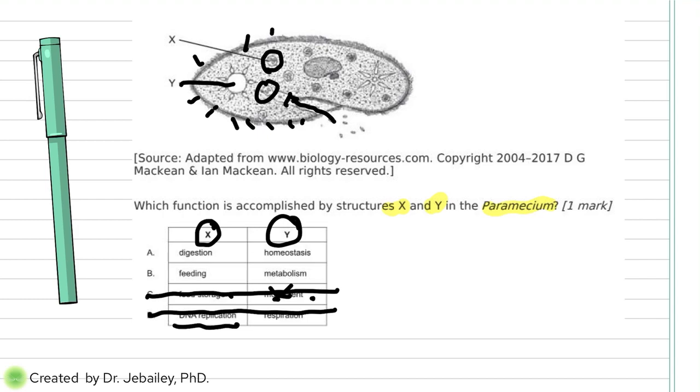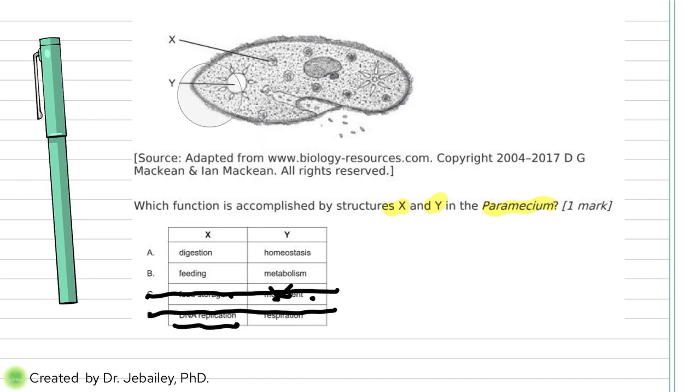Since we're left with A and B, let's look at them. If you look at X, you're stuck between digestion and feeding. You'd be like, oh, it could be feeding because the food came in, but it can also be digesting because the food came in and this thing is breaking it down. It's eating it. So X gives you a little bit of doubt.